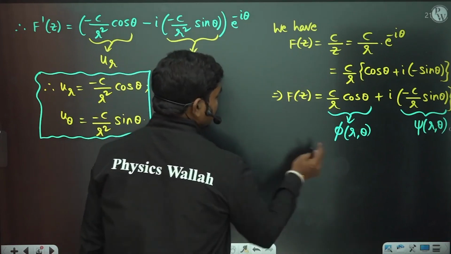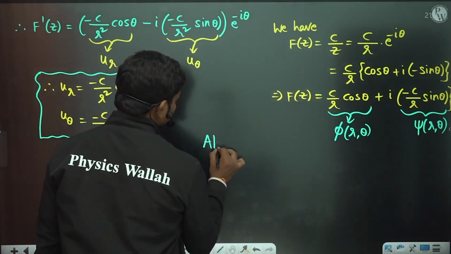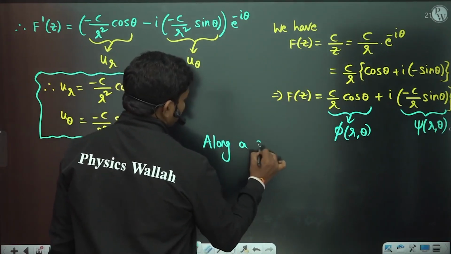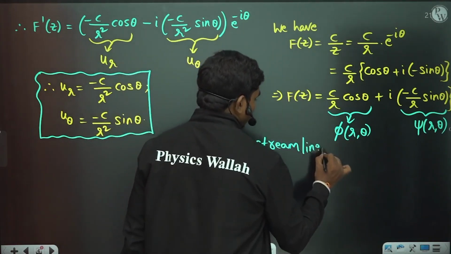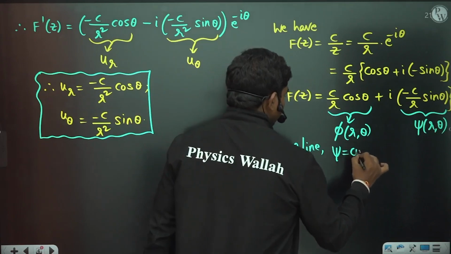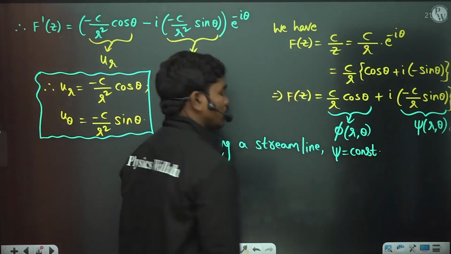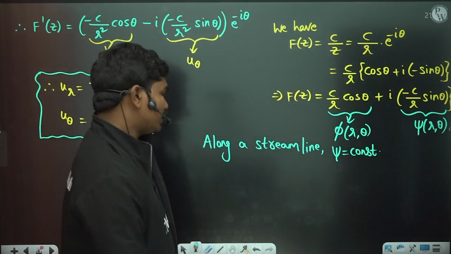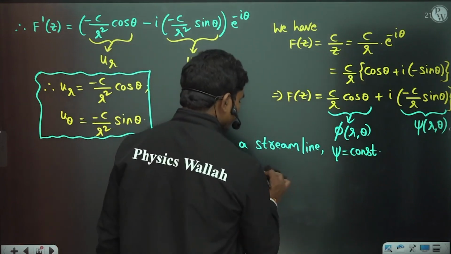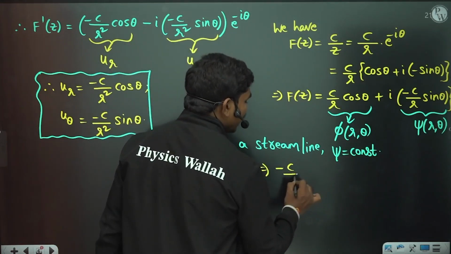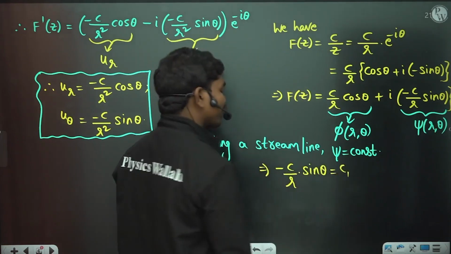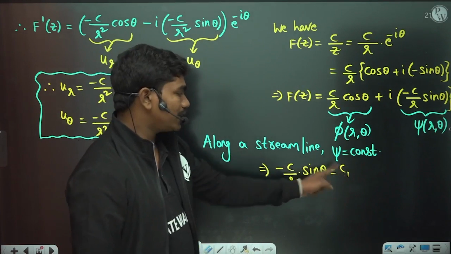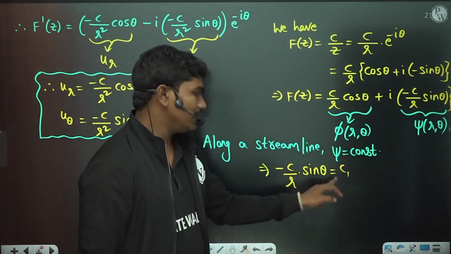Along a streamline, psi is equal to constant. Correct? So along a streamline, psi is equal to constant. So this implies minus c by r times sin theta is equal to some constant c1. Okay, now if you multiply this minus sign here and if you divide this with c, then also it's a constant.